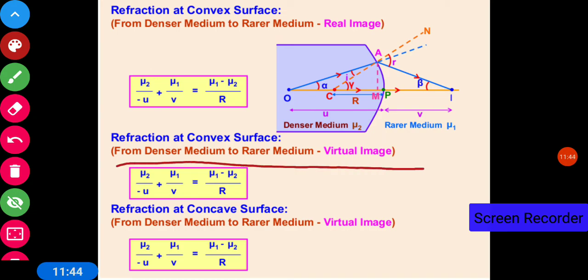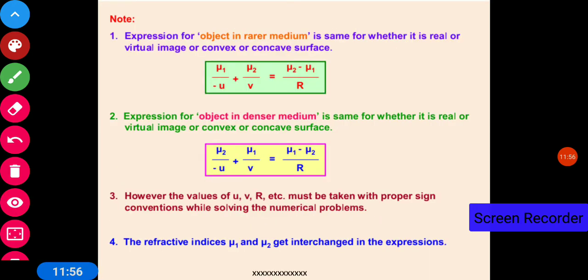Similarly, from denser to rarer medium for a virtual image, and from a concave surface with a virtual image, the result will be the same. Now note the expression. When the object is in the rarer medium, the equation is mu1 upon minus u plus mu2 upon v is equal to mu2 minus mu1 upon r.